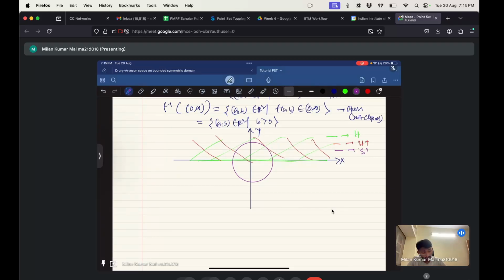Why is this not closed? If I take any point on the x-axis, then there I will get a sequence coming from the set above, the red region, which converges to this point.